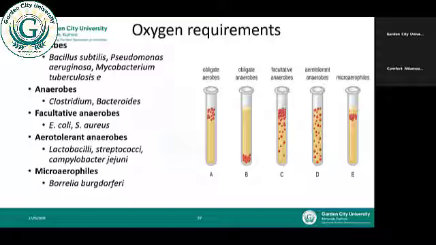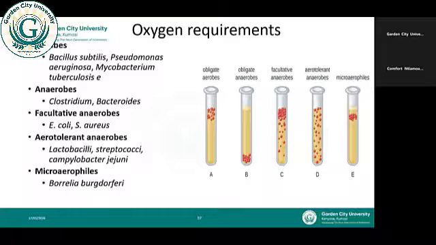With the anaerobes, if you want to disable them, do you expose them to oxygen or you deprive them of oxygen? I'm getting confused here. The anaerobes, if you deprive them of oxygen, that is hooray for them because they don't like oxygen.